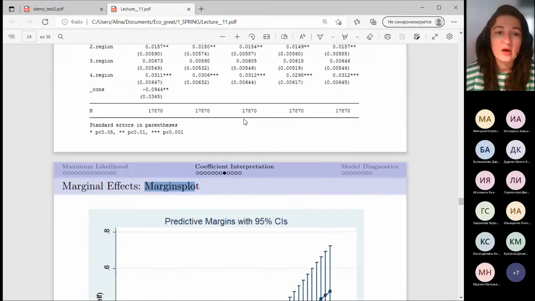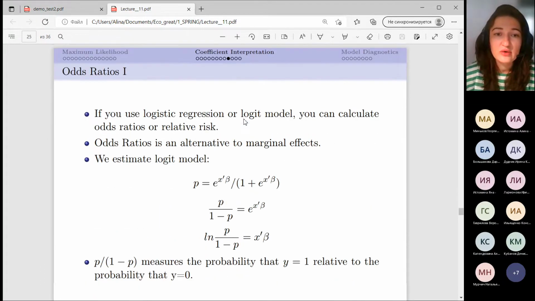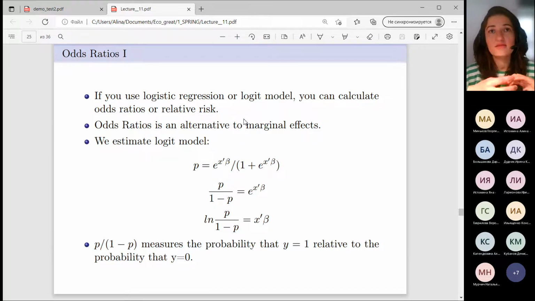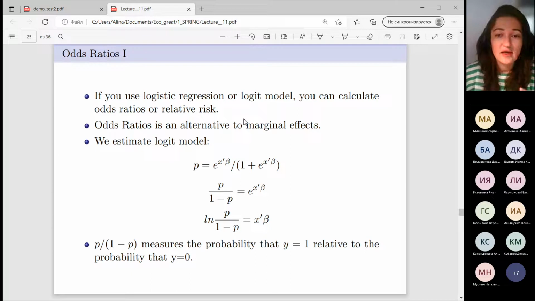But the logit model has one more option. When you work with the logit model, and only with the logit model, you can interpret your result not only in marginal effects terms, but also in odds ratio terms.